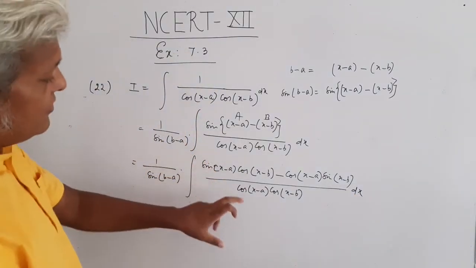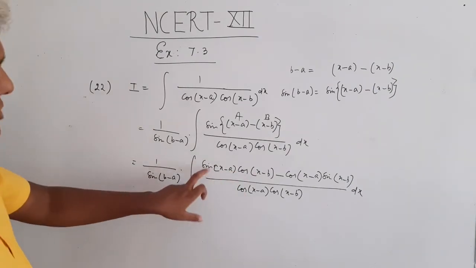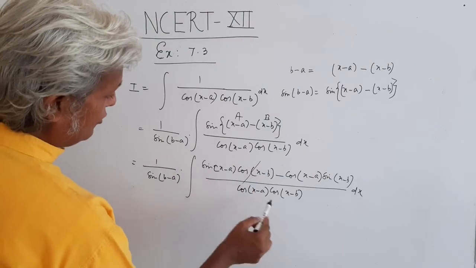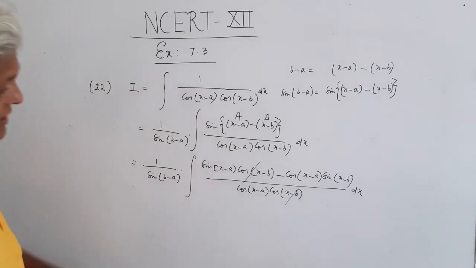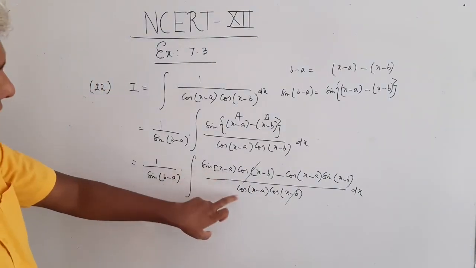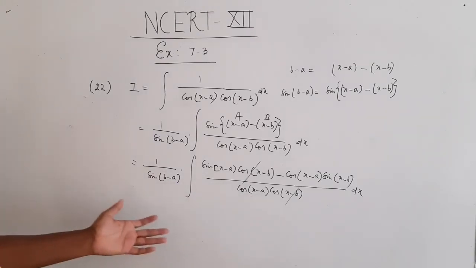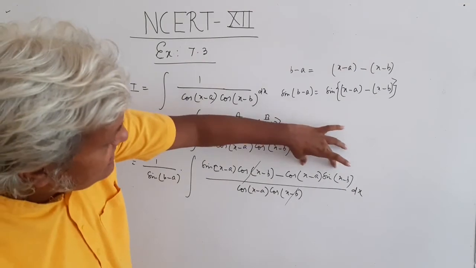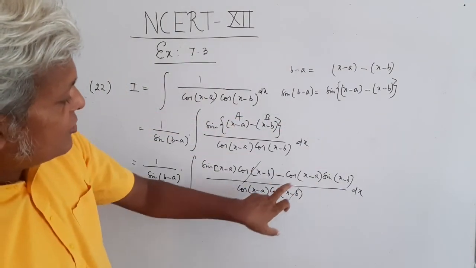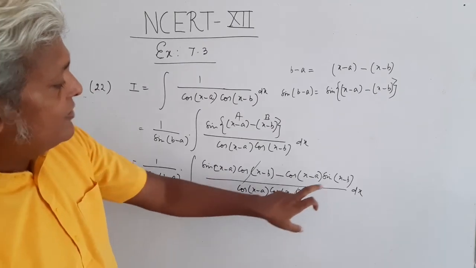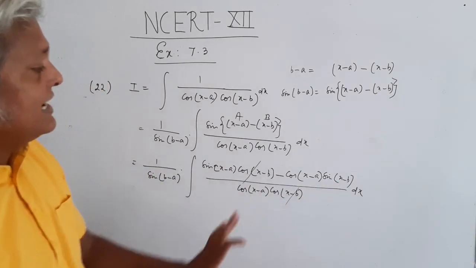Now if I dissolve this numerator into the two terms, here the first term, cos(x − a), will get cancelled with cos(x − a). So what you get, sin(x − a) over cos(x − a), that is tan(x − a), and at the same time the cos(x − b) will cancel with this cos(x − b), and will give you tan(x − b).